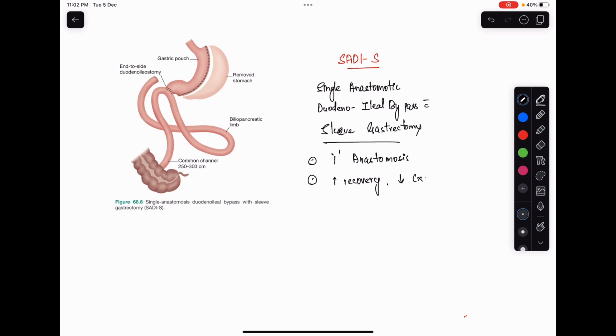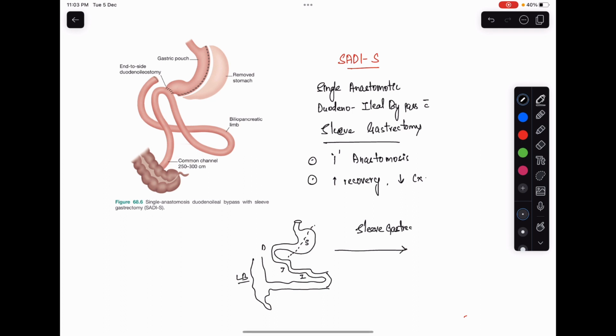So what are we doing in this surgery? If this is stomach, duodenum, jejunum and ileum, and this is large bowel, we are doing sleeve gastrectomy. And instead of creating a Roux limb and biliopancreatic limb, we are directly anastomosing ileum with the remaining gastric pouch.